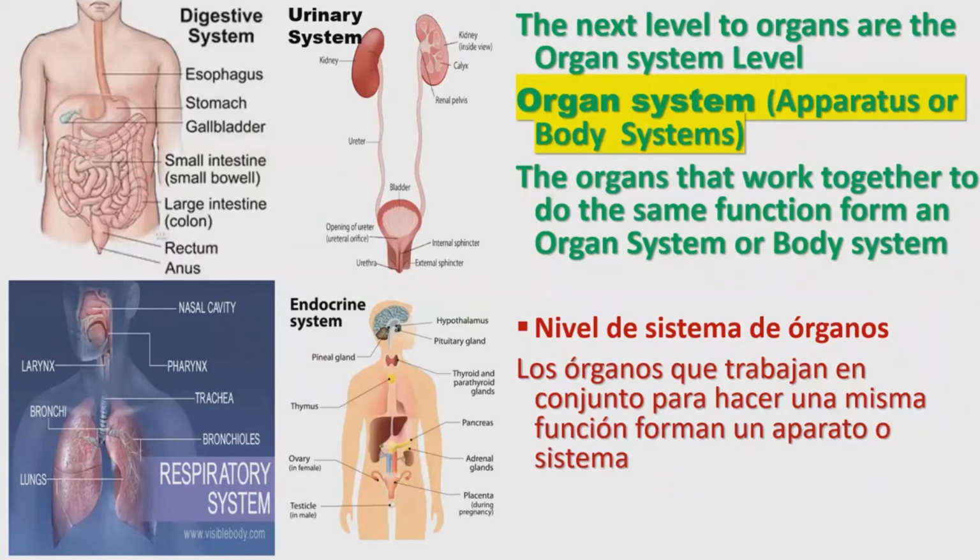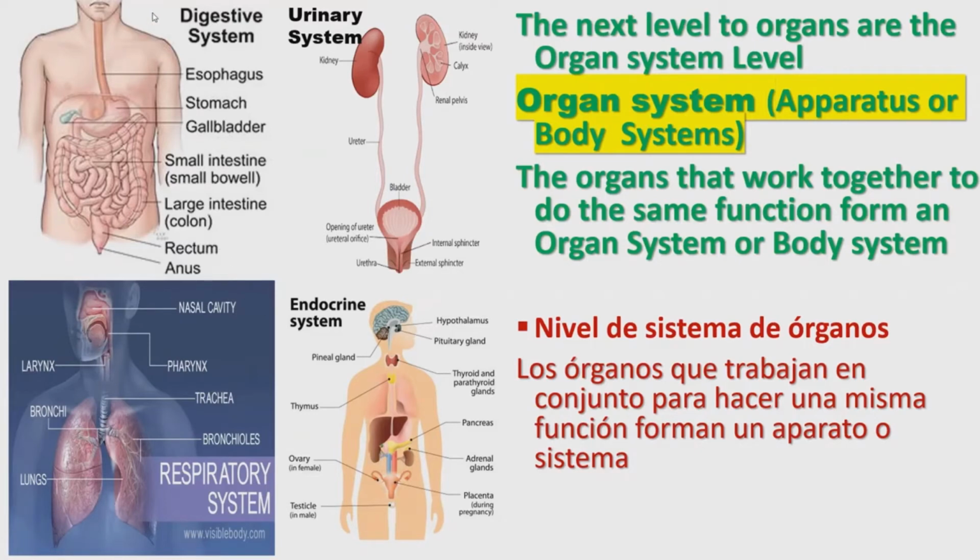The next level after organs is the organ system level, or body system. This is when the organs that work together to do the same function form an organ system or body system. For example, different body systems are the digestive system, urinary system, respiratory system, and endocrine system.